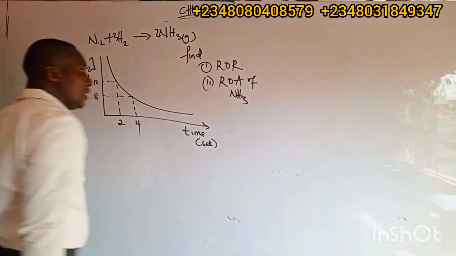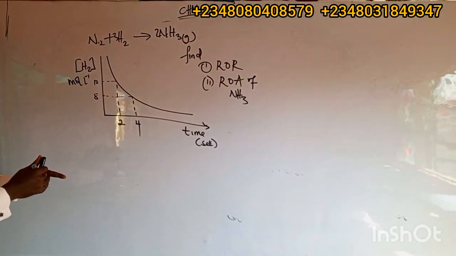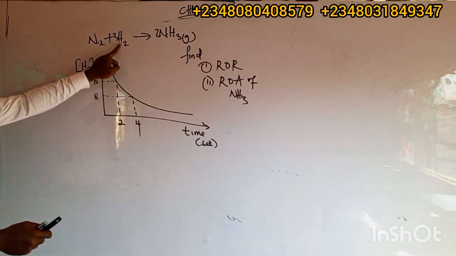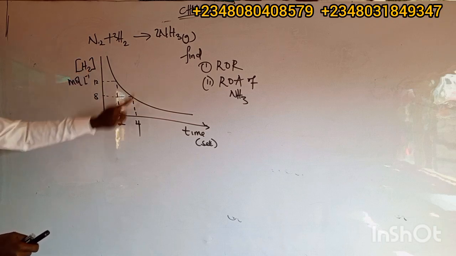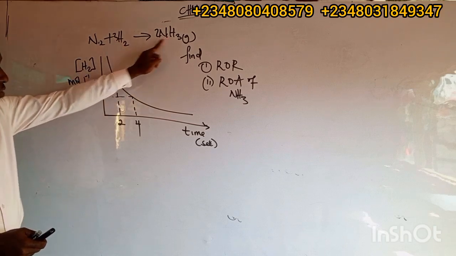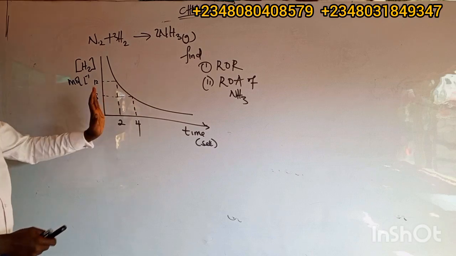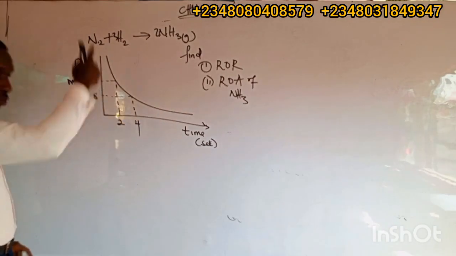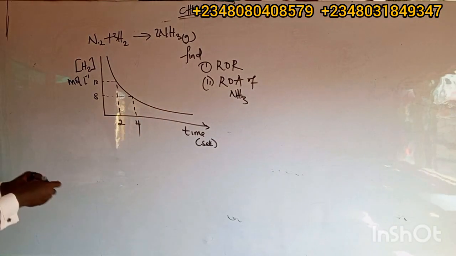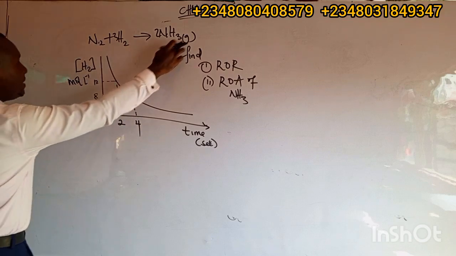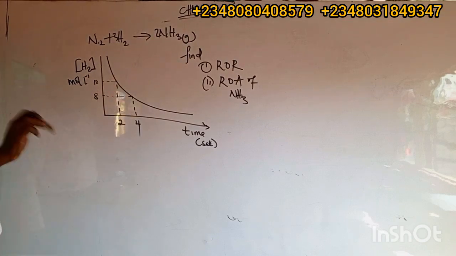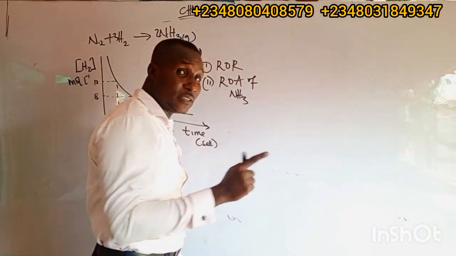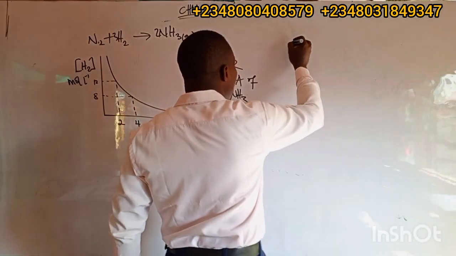Let's look at this. This is the graphical representation of instantaneous rate of disappearance of hydrogen gas. Hydrogen gas is being consumed to produce ammonia. The rate of disappearance is given like this. That means a dropping graph, decreasing. Before we move, express this in terms of instantaneous rate of reaction so that you can understand better.